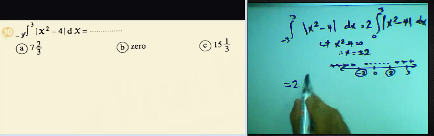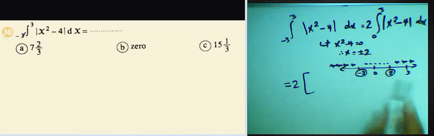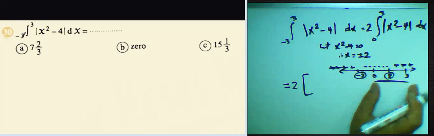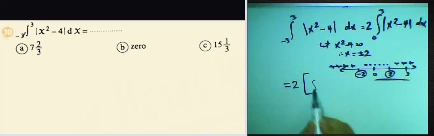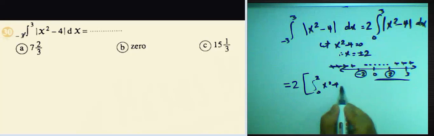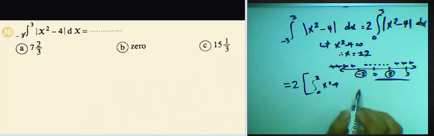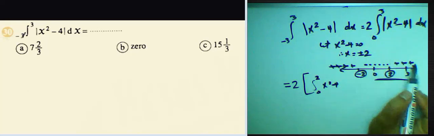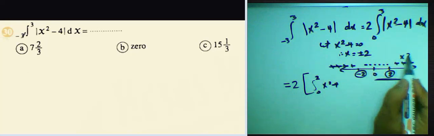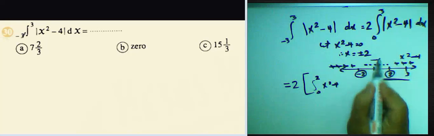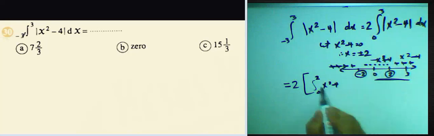2 multiplication by the integral from 0 to 3. We can divide it in 2 here. This integral from 0 to 3 means the integral from 0 to 2 of this function x power 2 minus 4. Okay, this function here, positive or negative? Look here, where the function is greater than zero it will be positive, so I will write x power 2 minus 4, but where this function is negative, it will be negative x power 2 plus 4.